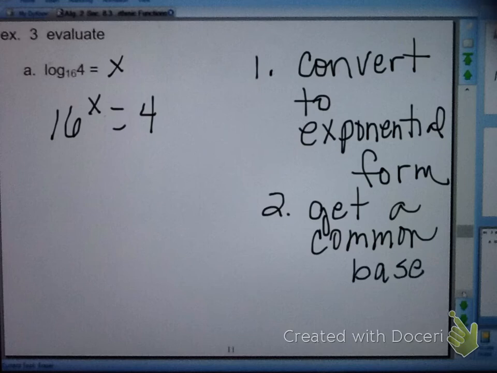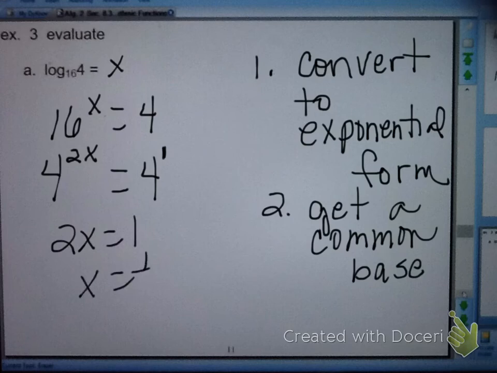I'm going to convert 16 to 4 squared, so 4 to the 2x power is equal to 4. And then this 4 has an exponent of 1. So once your bases are equal, you just put your exponents equal and divide, so x is equal to 1/2.